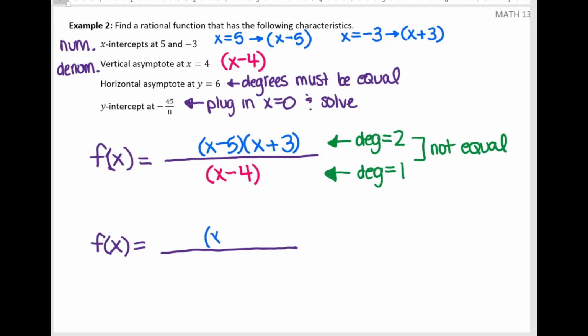We're going to leave the numerator alone because it had the bigger degree. We're going to change the denominator. The denominator was x minus 4, but we needed to have degree 2, so we're going to put a square on its factor. So now that the degrees are equal, we can put in this horizontal asymptote. It's y equal to 6.